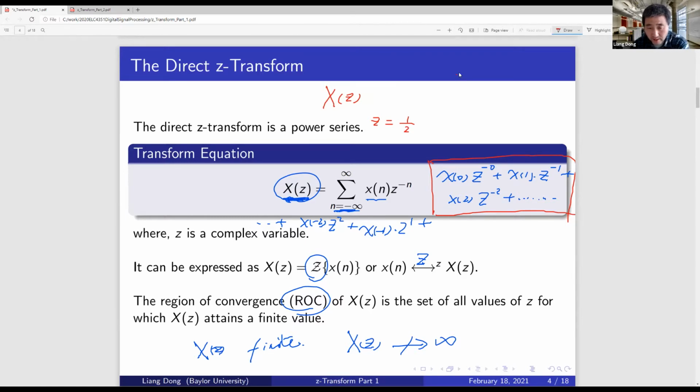Let's give an example where x0 equals x1 equals x2, all these things are ones. So what I have here is a power series sum: z to the power -0, which is 1, plus z to the power -1, plus z to the power -2, okay? Now, since z is less than 1, I have a finite sum for this.